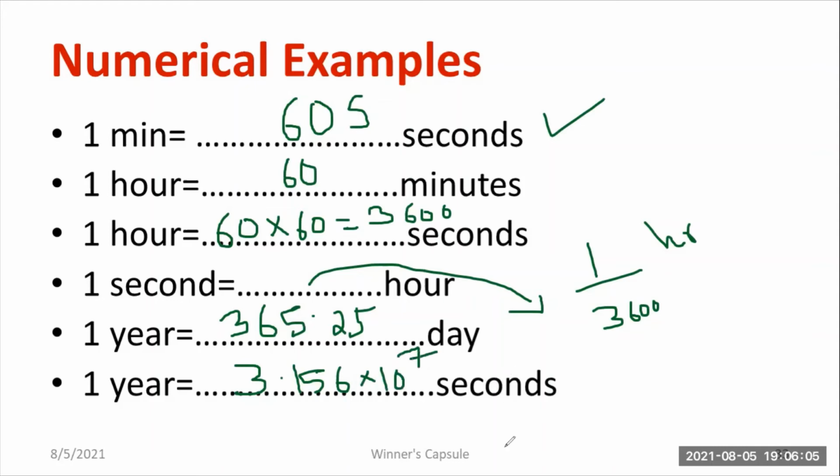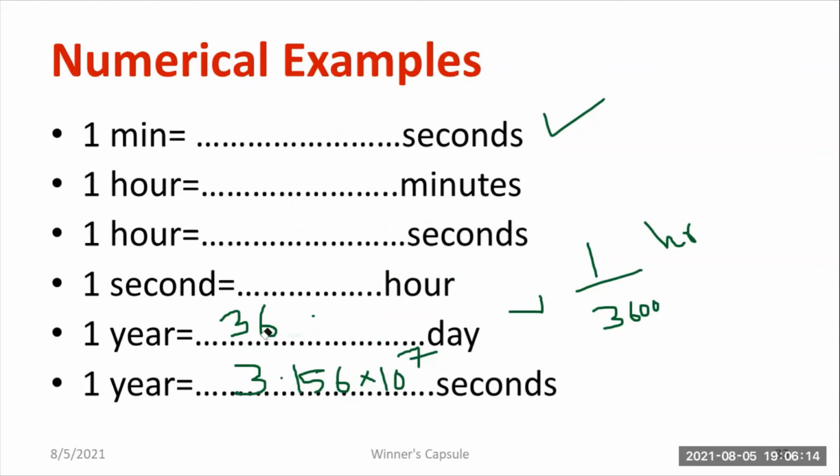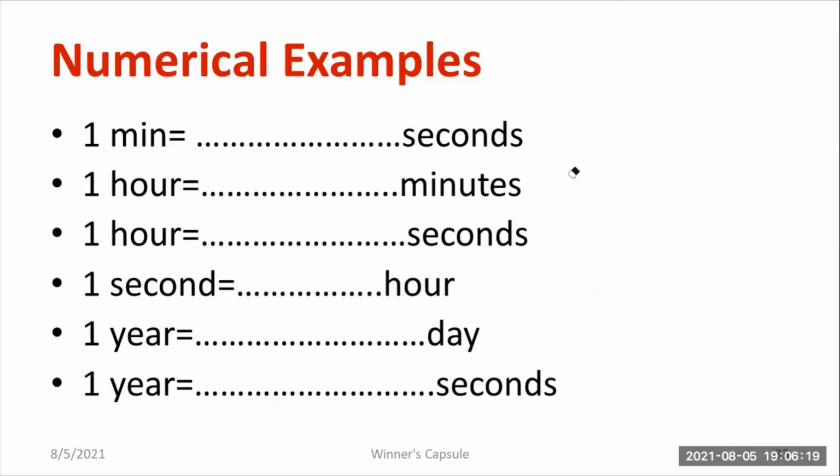And you can say 1 second is equal to how many years. Likewise, you can write it also. So please note down this fact. Very important for all the fields of day-to-day life.